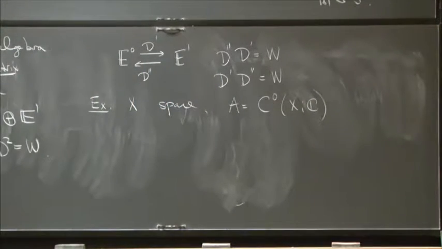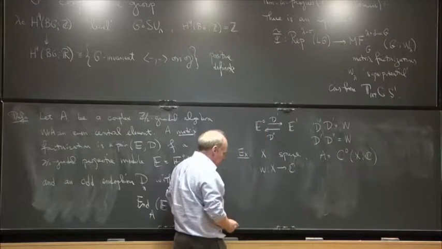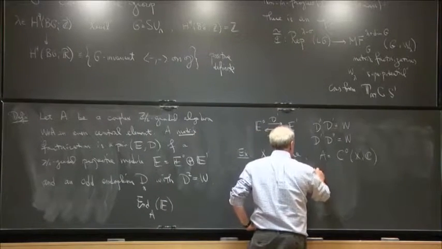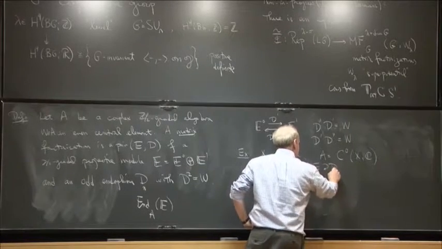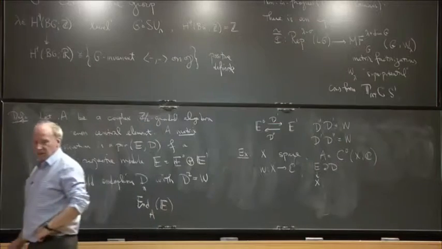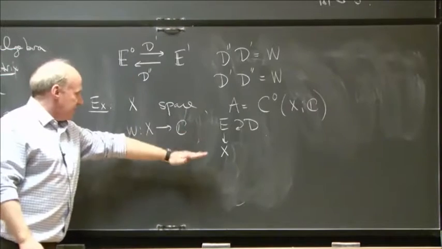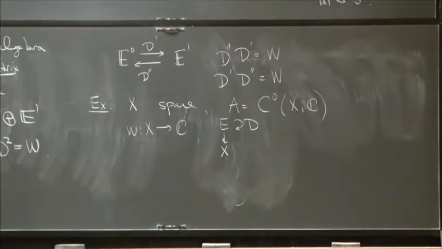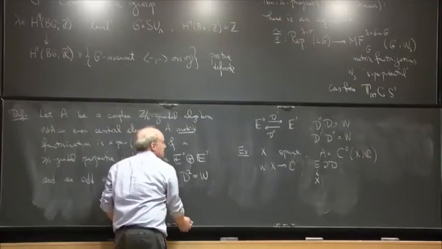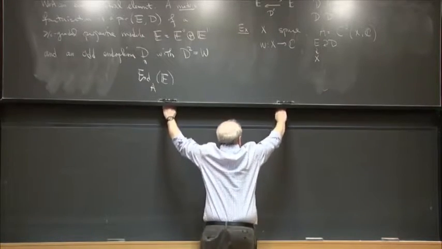And so then what we get, W is just a function, and this E defines a vector bundle over X. We have this endomorphism D acting on the vector bundle. And then D squared is acting as a scalar in each fiber. It's acting as multiplication by this function on the base. So let me say quickly how you make a category out of these.